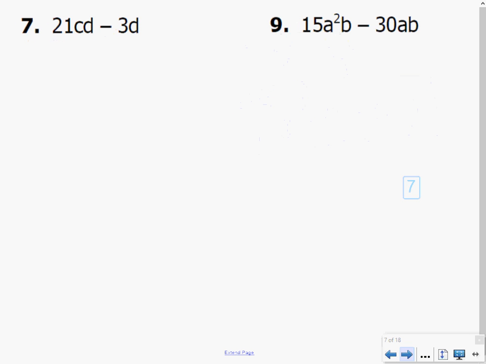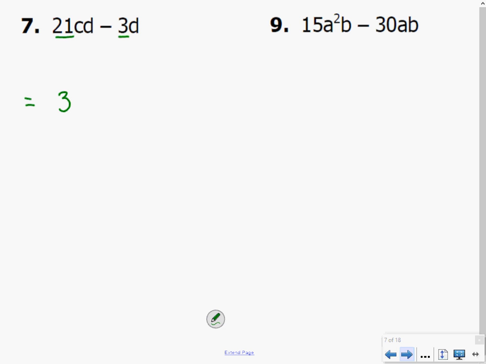Okay, so let's look at some examples with multiple variables. Number 7 here. Let's start with the numbers. We always like to start with the coefficients, and then we can take a look at the variables. So 21 and 3. The biggest number that those are both divisible by is 3. So now we need to look at the variables.